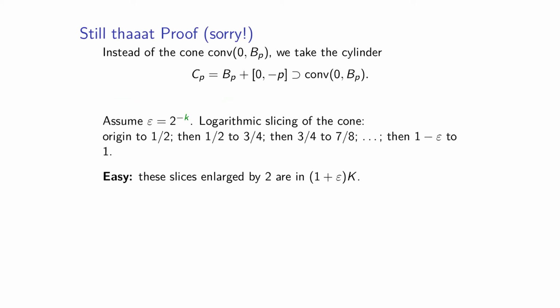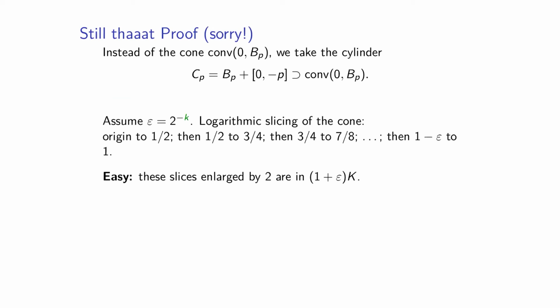What we will do is, instead of that cone whose base is B sub P, we will now take a cylinder with the same base, but a big cylinder that contains the cone. It's a horizontal cylinder on the picture, and the other base goes through the origin.